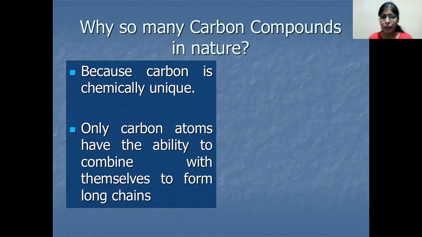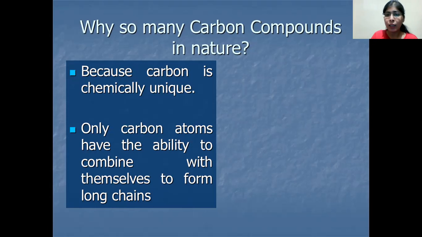Carbon atoms have the ability to combine with themselves to form long chains. So carbon has the self-linking property, which is only present in carbon, and this is how catenation happens. It can form bonds with C only.